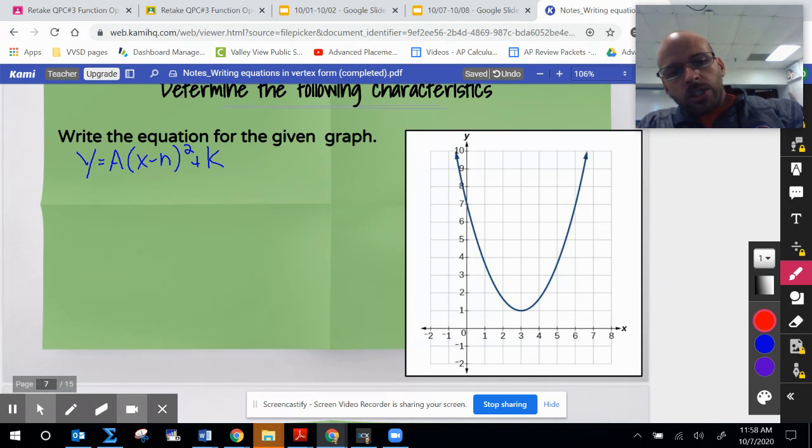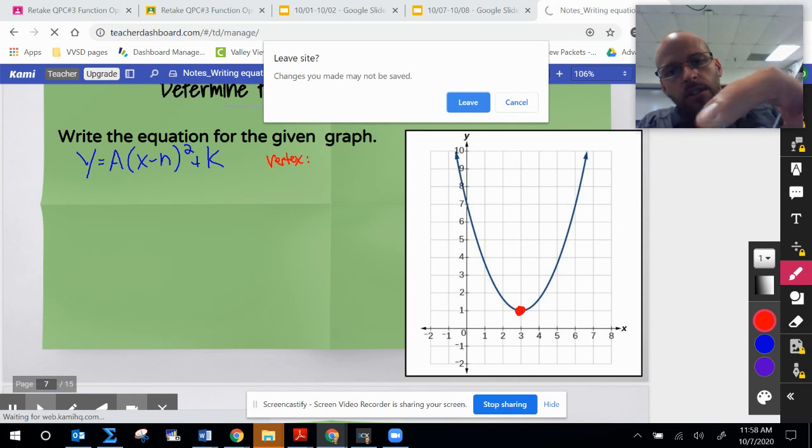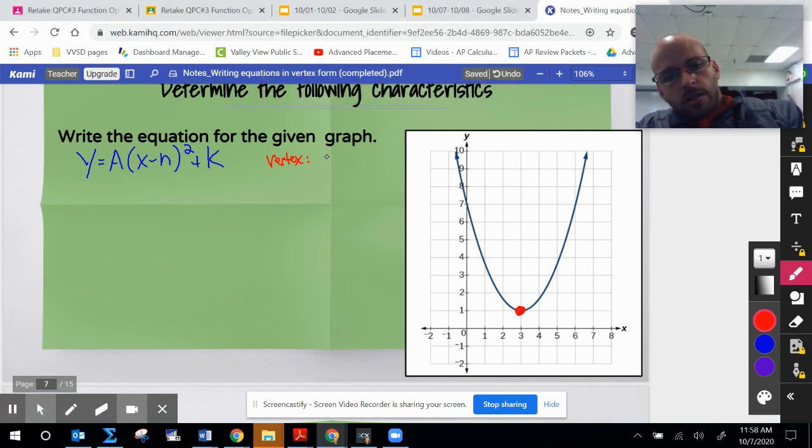Okay. Now, when I do that, I also want to know where the vertex is. And this vertex is at the point (3, 1). Now, when I write the equation, I also need a second point.